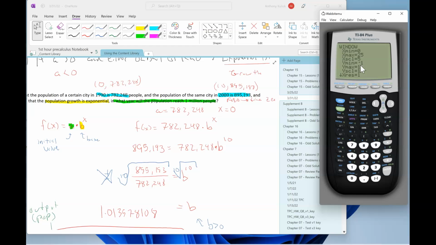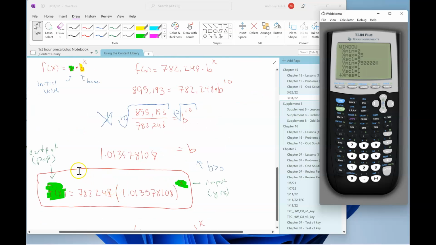All right. The y minimum. So what's the smallest y coordinate that we know about? Well, that's this one that's happening at 0, right? So I'm going to pick a y that's maybe a little bit smaller than that, just so that I can see that first part. I'm going to do 750,000. Everybody's okay with that? The next y we would want to consider is this 895.